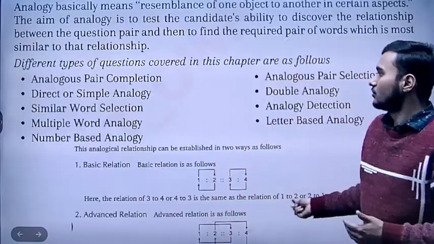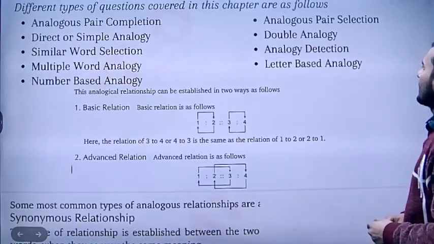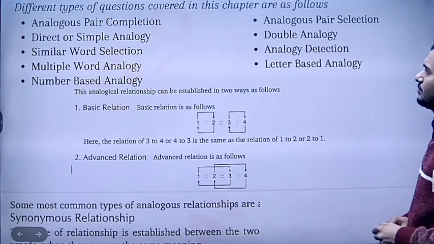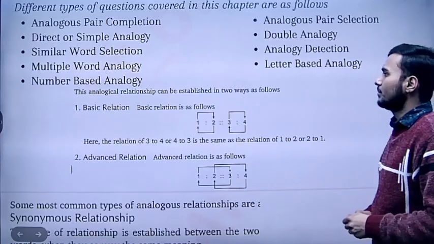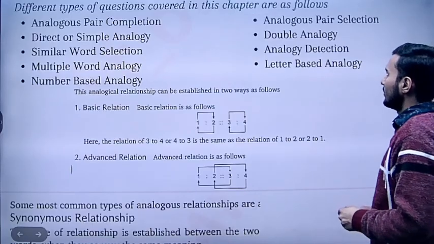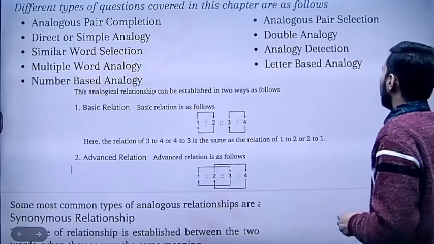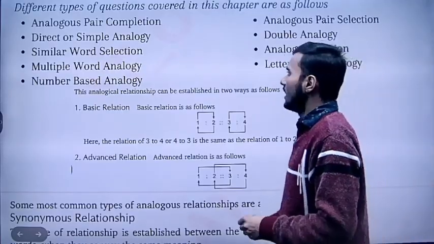There are different types of questions covered in this chapter as follows: analogous pair completion, direct or simple analogy, similar word selection, multiple word analogy, number based analogy, analogous pair selection, double analogy, analogy detection, letter based analogy.